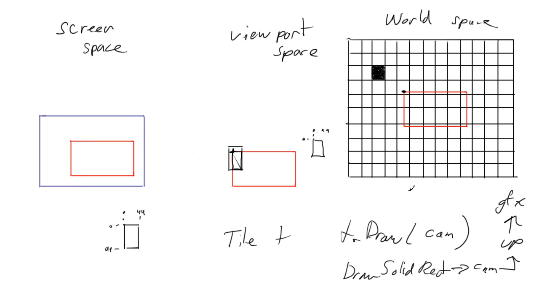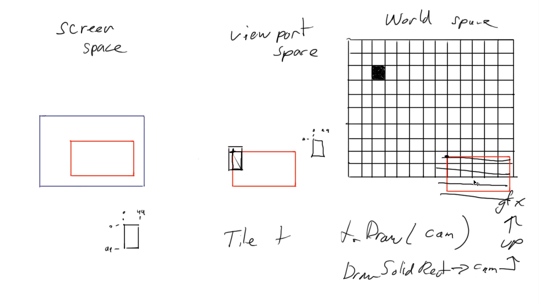But the problem is, if we only draw tiles in the camera, what happens if we move the camera outside of the tile map range? Then we're going to try to find these tiles, but the index will go outside of the array holding all the tiles, and our program is going to crash.